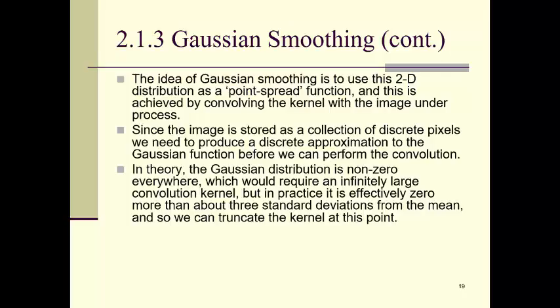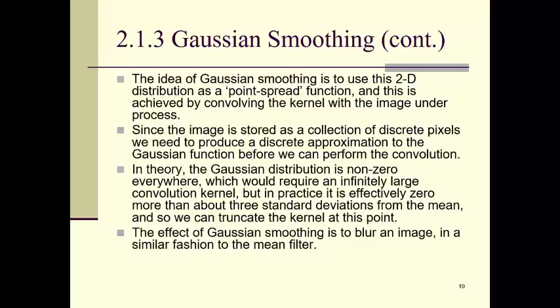As I go away from the mean by more than 3 standard deviations, I can consider that the distribution has the value of 0. Okay? So we can truncate at this point. In this case, I can use kernels with finite size.